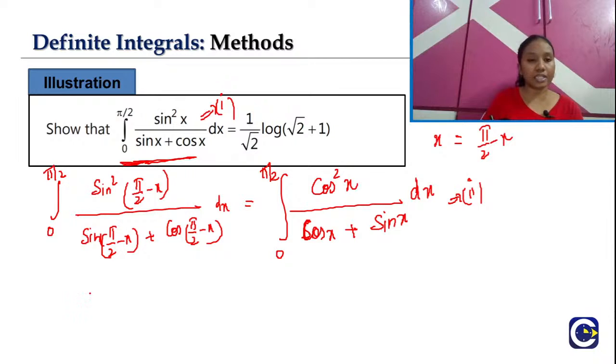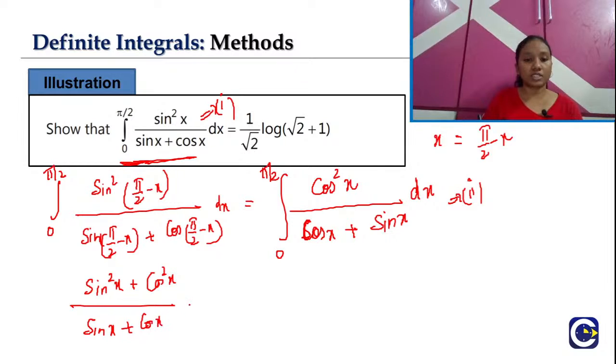So let's just add these two, which means I'll have sin square x plus cos square x in the numerator, and in the denominator I'll have sin x plus cos x dx. If I take this to be I, and this will also be my I, then when I add them it becomes I plus I, that is 2I.